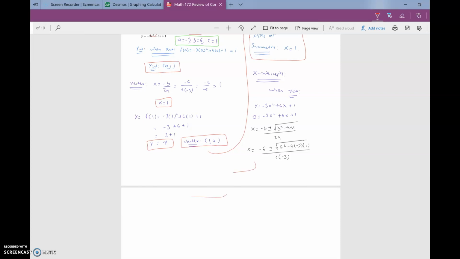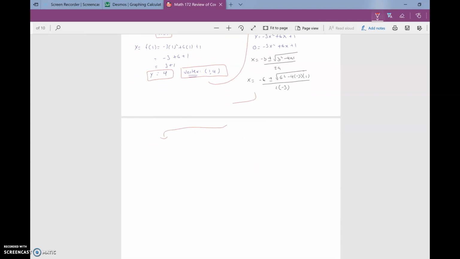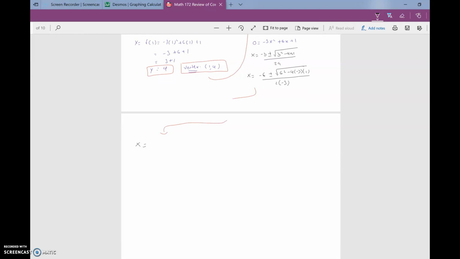Okay, let me carry the calculation here. So we're looking at your x value being negative 6 plus or minus the square root of 36 plus 12, let me fix the square root, divided by technically negative 6, or negative 6 plus or minus the square root of 48 divided by negative 6.